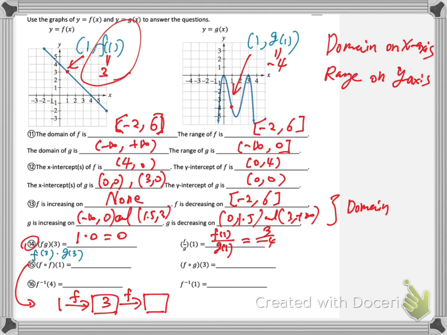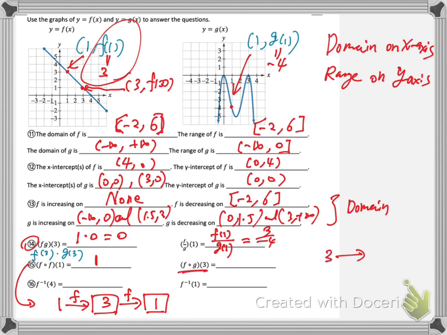We look at the point (3, f of 3), which is (3, 1), so it's sent back to 1. So this composition is 1 to 3 and then 3 to 1.